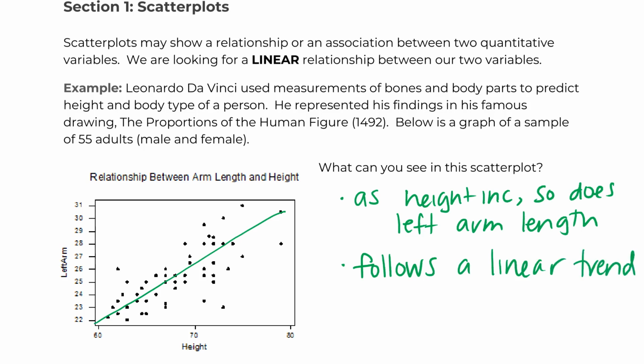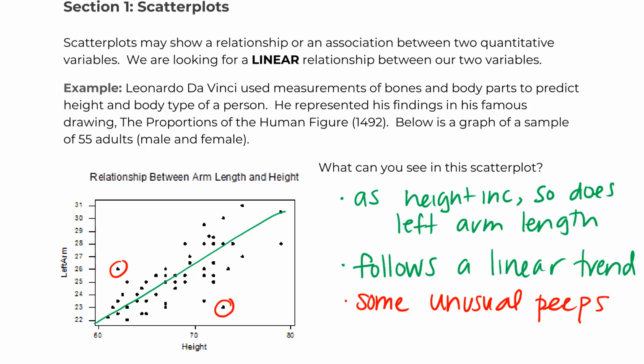But we might notice that there are some unusual observations, right? And I'm calling them unusual because they're far away from the trend of our data, not necessarily far away from the average like we were thinking before.